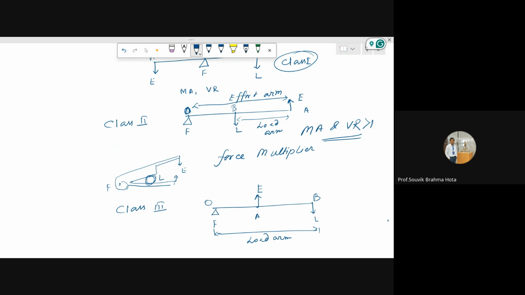Load arm is always greater than the effort arm. So effort arm is this one, effort arm. So load arm is always greater than the effort arm.